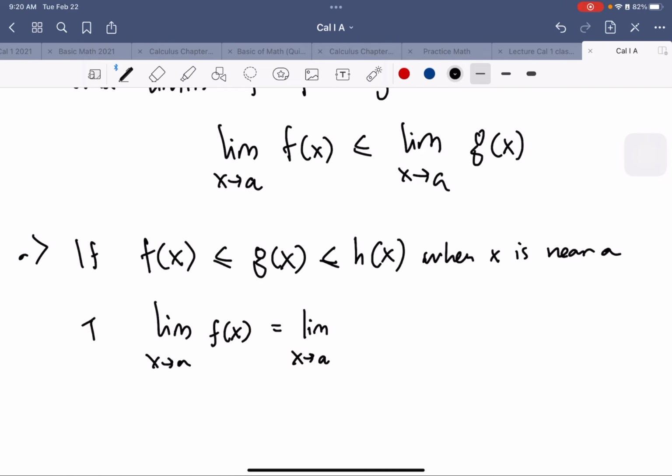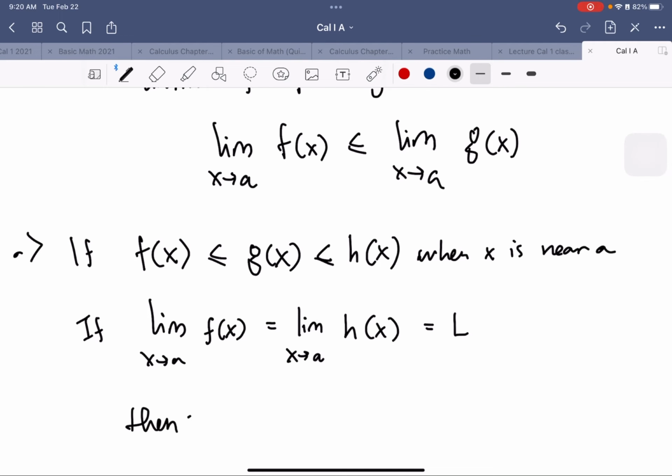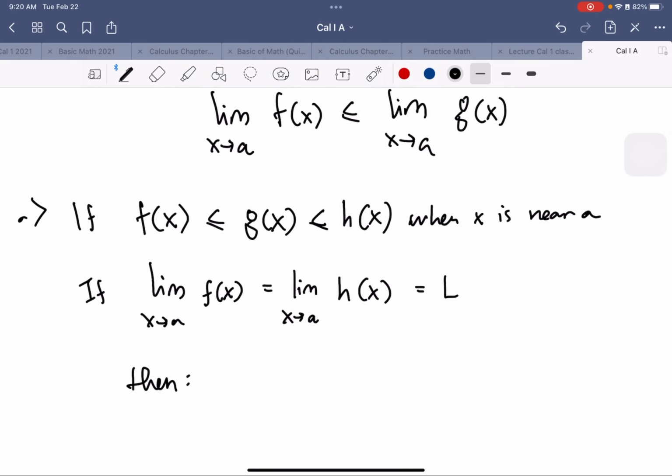If the limit is equal to some value, then we are sure that the limit of the middle function is also the same value L.